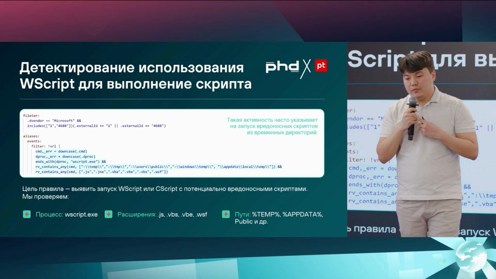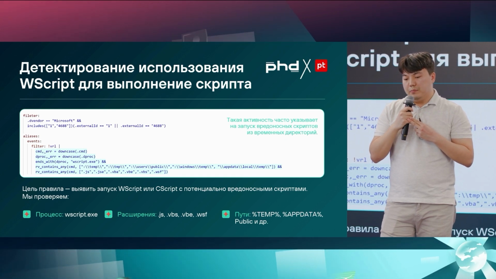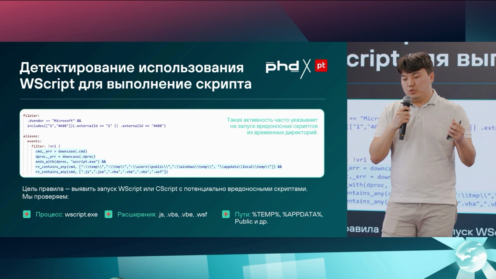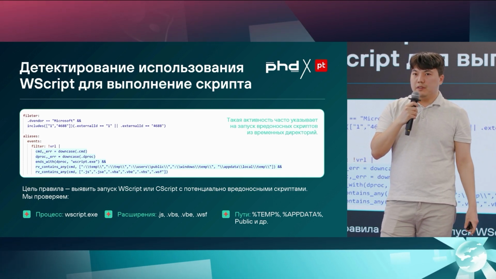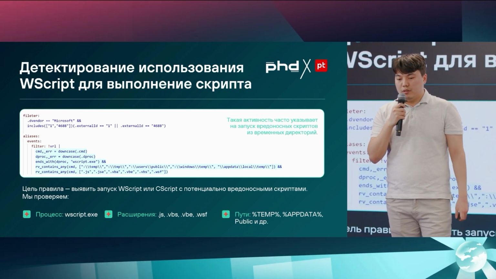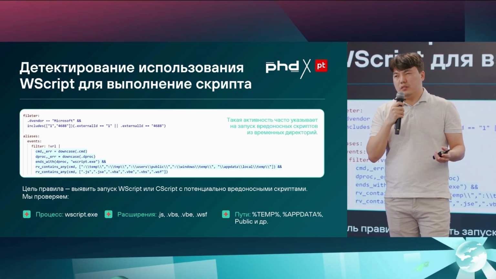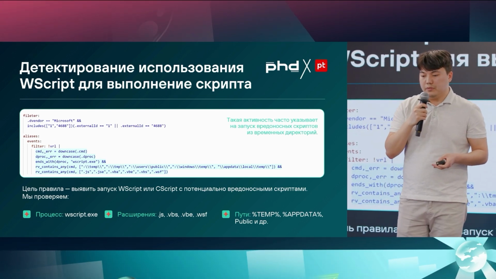So we look for the process creation event, then the utility wscript. There we find the temp or public path and the extension of the file dealing with wscript. This can also be supported by cscript, which is also wscript, but it's the command line version of it.